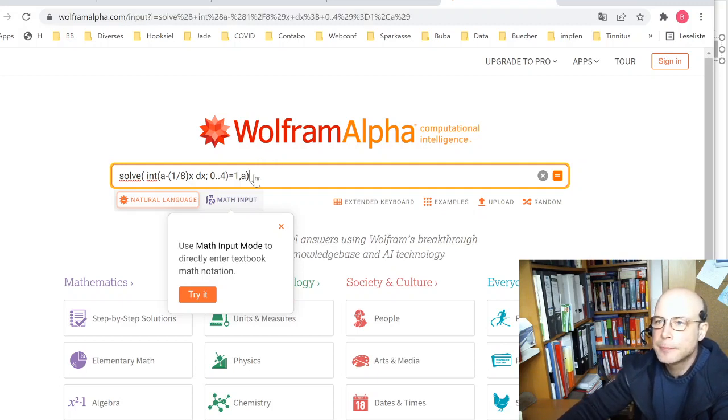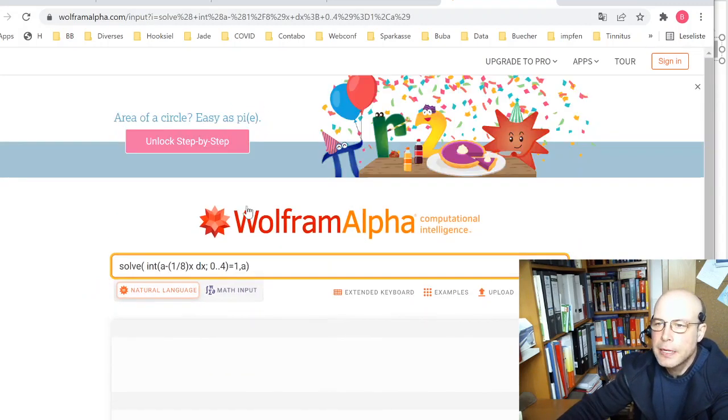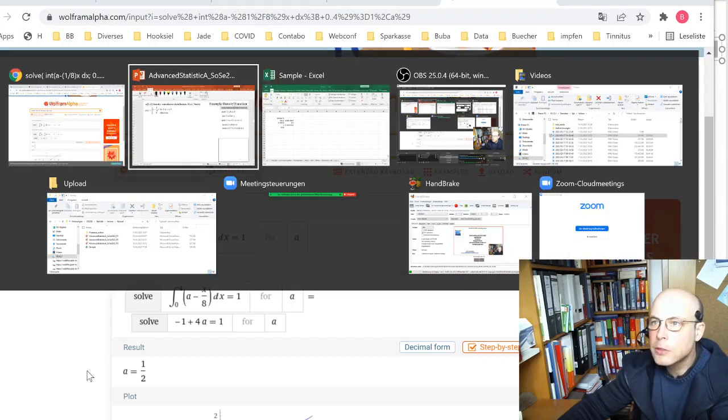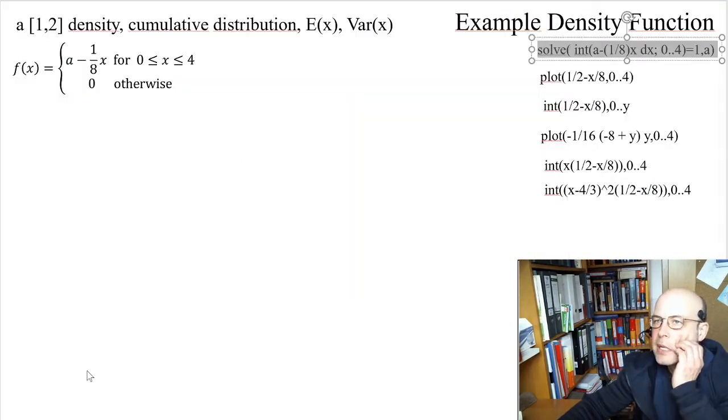Just put enter, and it is calculating, and we obtain a is 1/2. So somehow I should have made a mistake here.